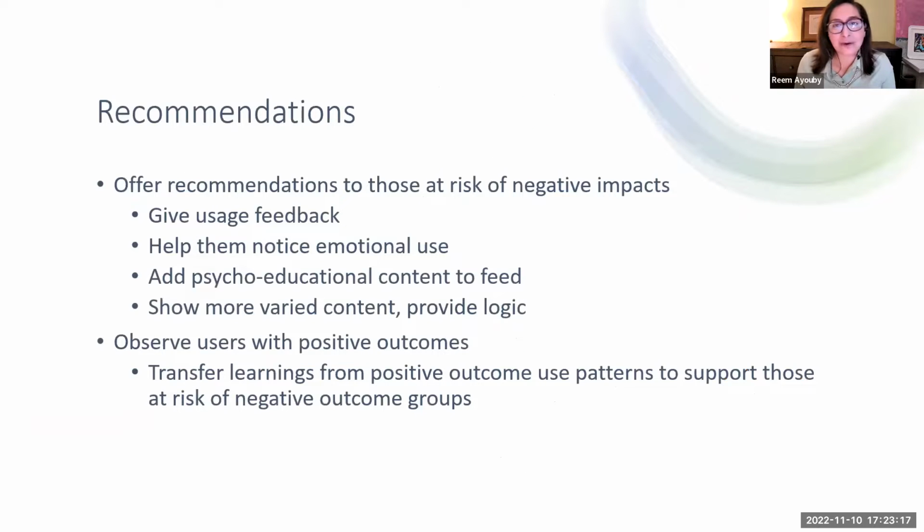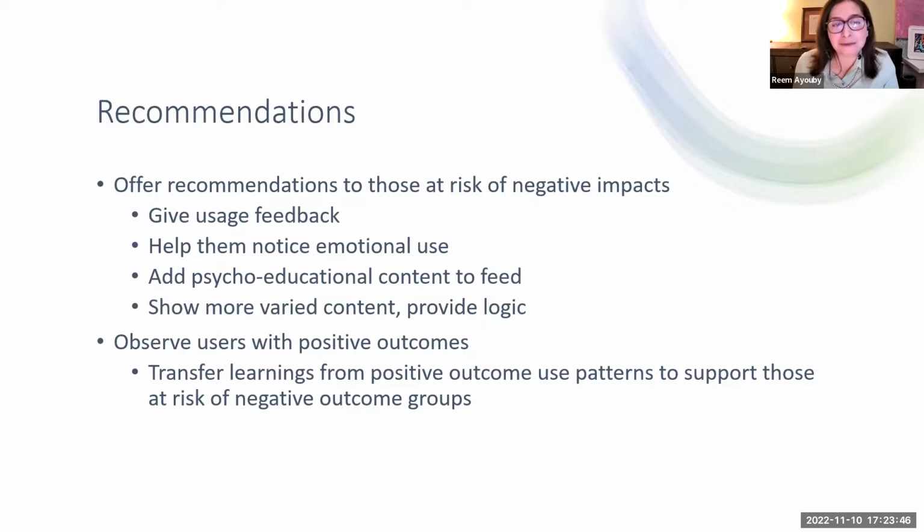Okay, so based on this, I came up with some recommendations. For example, I don't work for Facebook, but if I were to make suggestions, I would say maybe give some feedback to the people who may be having negative impacts. And from what we've heard from some whistleblowers, Facebook is aware of maybe who those people are or can become aware.